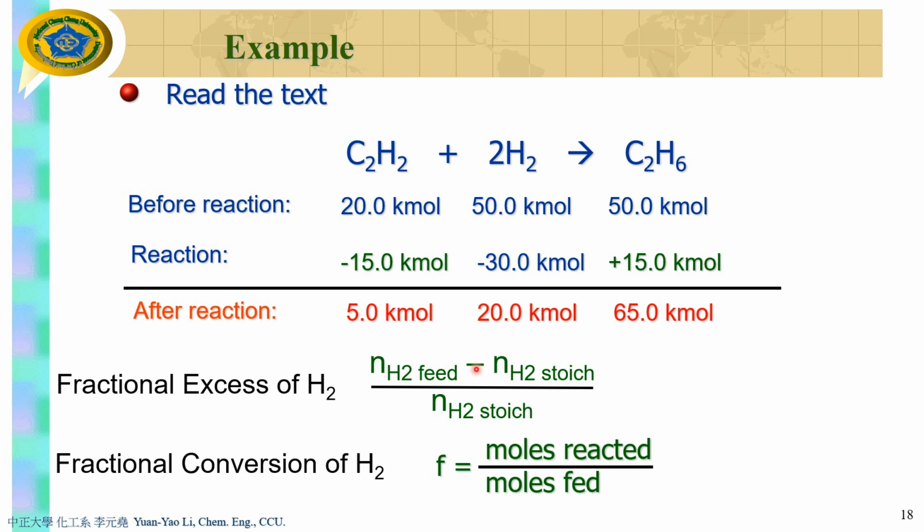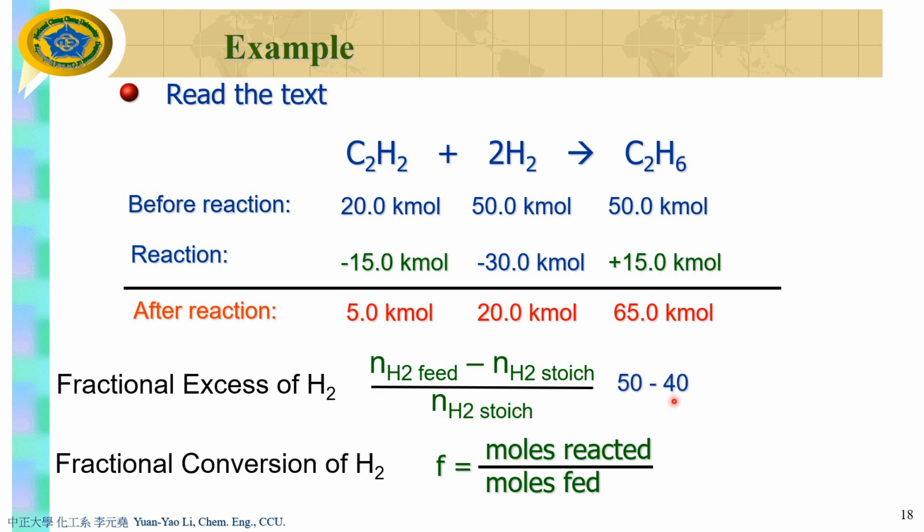Okay, so now I want to ask you the fractional excess of H2. Can you tell me the fractional excess of H2? I give you the formula now. According to this equation, this will be excess reactant, because if you have 20 C2H2, that will consume 40 H2, right? The excess reactant here is what? H2 feed minus H2 stoichiometry divided by H2 stoichiometry.